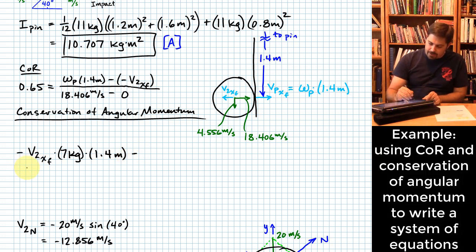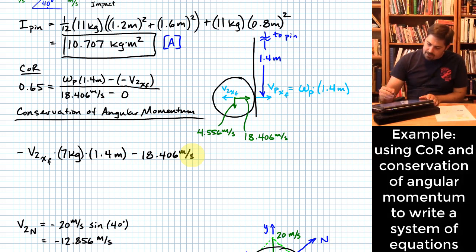So the change in angular momentum that I have here, that's right, the change is going to be final minus initial. So the change in angular momentum that I have here involves V2 initial, which is going to be 18.406 meters per second.